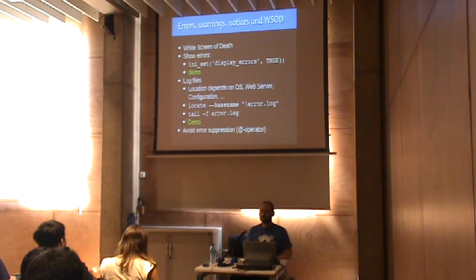Another approach, suppose you don't have permissions to read your log files, which would be kind of strange and you should call your host, or you don't know where they are, or it's a live server but it's not that important.